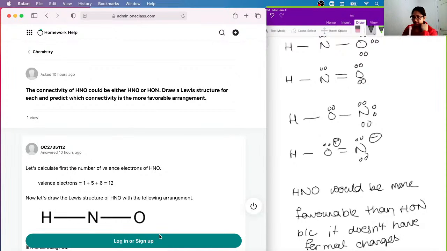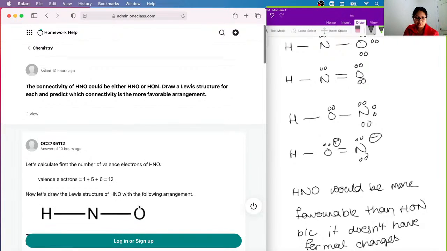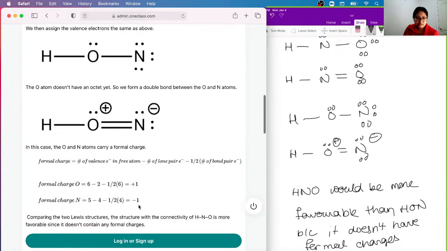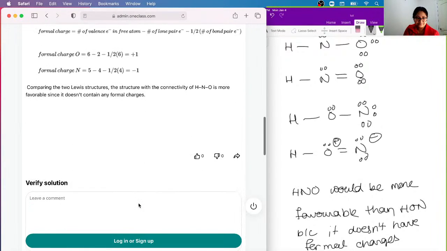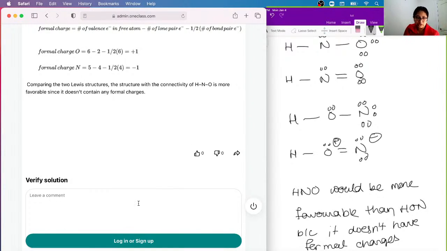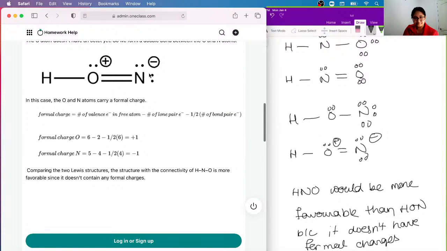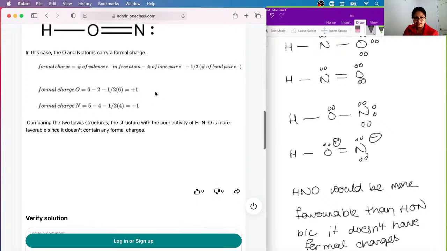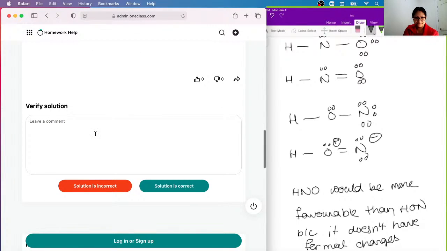You guys can see how oxygen has formal charge +1, nitrogen has negative, so the solution is correct.